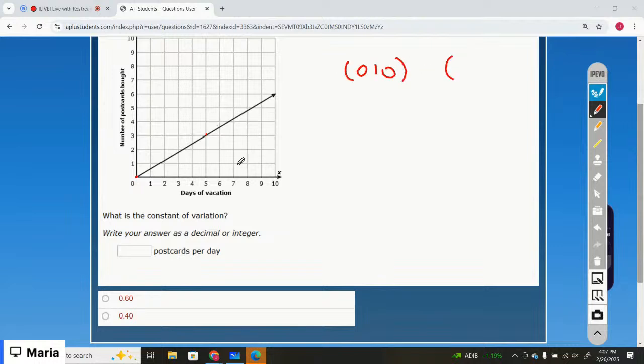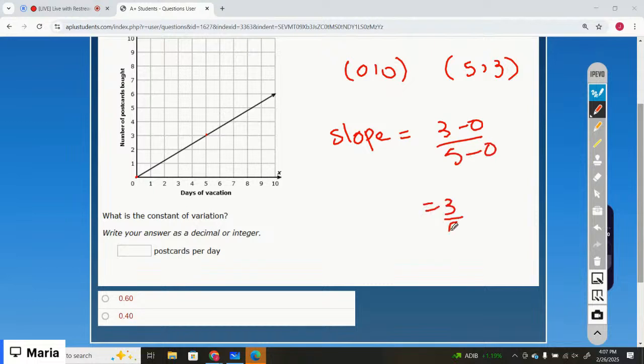That is 0, 0, 5, and 3. 3 minus 0 divided by 5 minus 0, that is 3 over 5. So 3 divided by 5 equals 0.6, and option number 1 is the correct option.